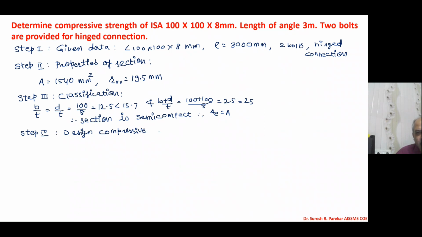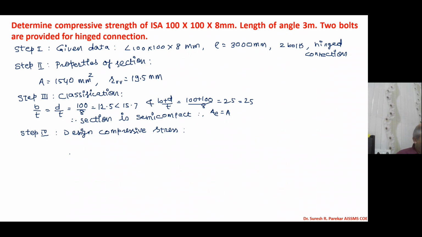Now we cannot use table over here as per IS, clause number 7.5, we cannot go for the table. And therefore, we have to use the formula given for single angle section, which are on page number 48.